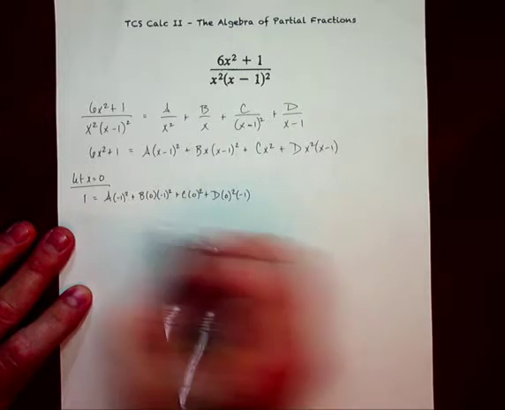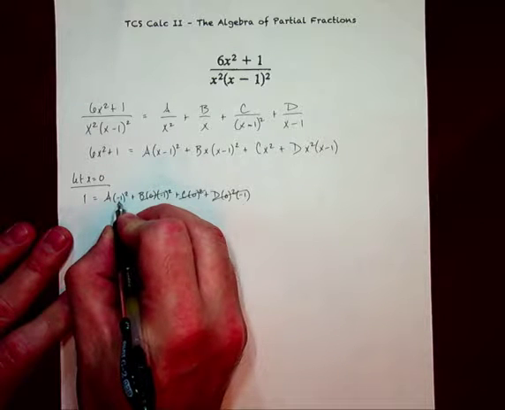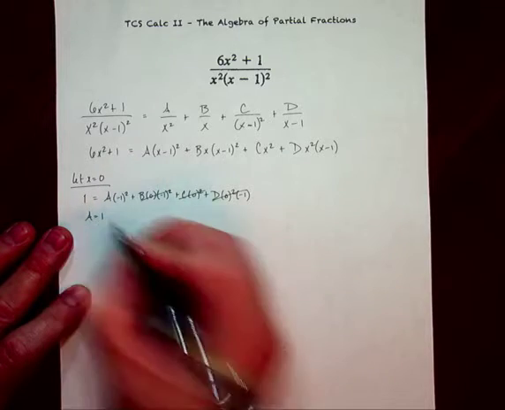Well, the only one that doesn't cancel out is the a. All three of these have 0 as factors. That negative 1 gets squared, so it turns into a positive 1. So I have a is equal to 1.